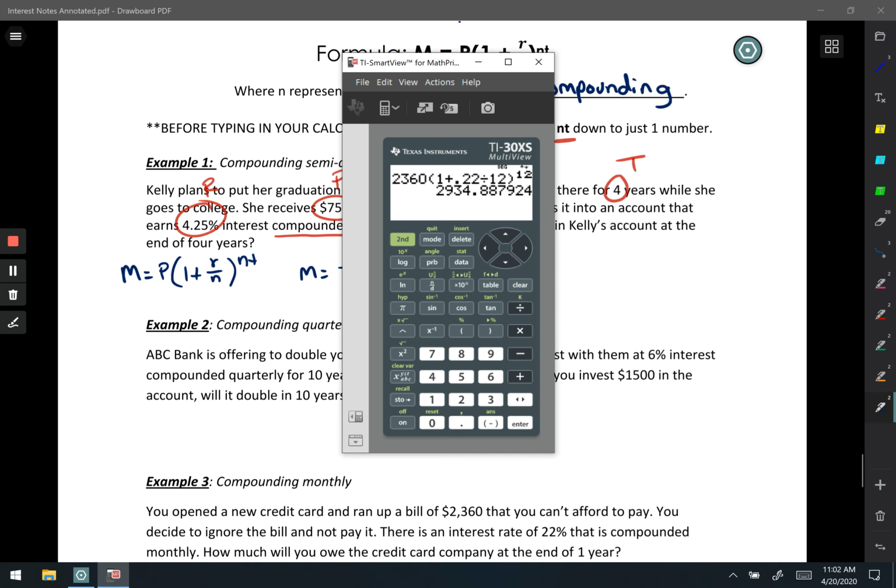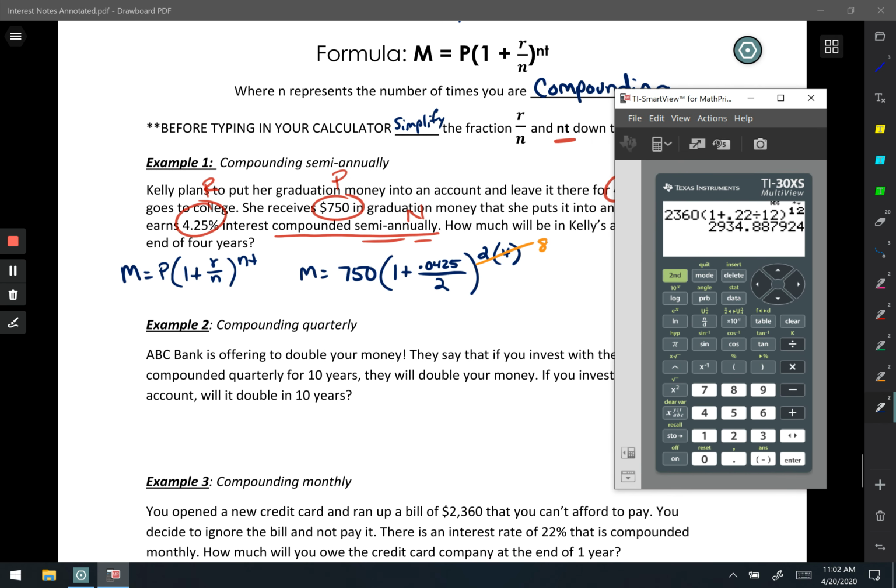So I'm going to bring up my calculator, clear, and go 750, parenthesis, 1 plus 0.0425 divided by 2, close the parentheses, carry it to 8 now, and my answer is $887.40 if I round to the nearest penny.